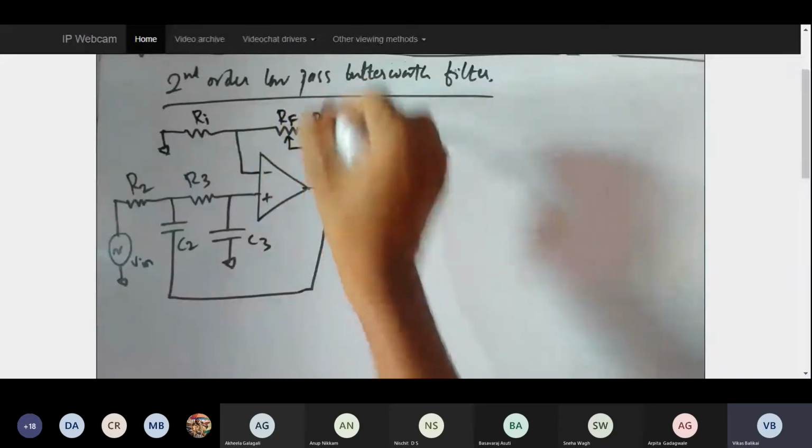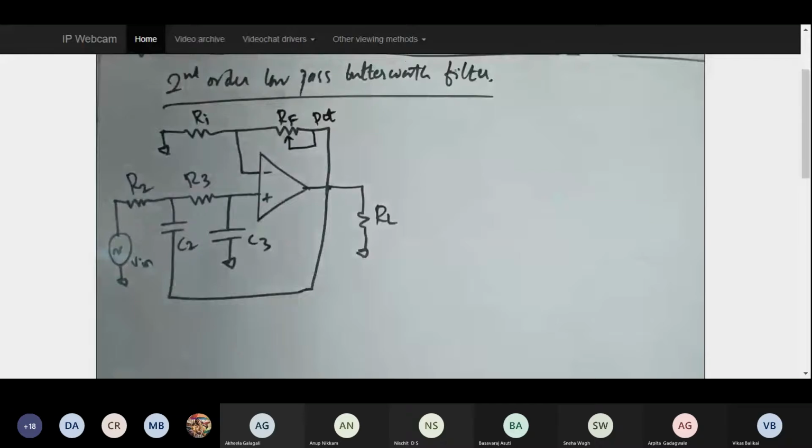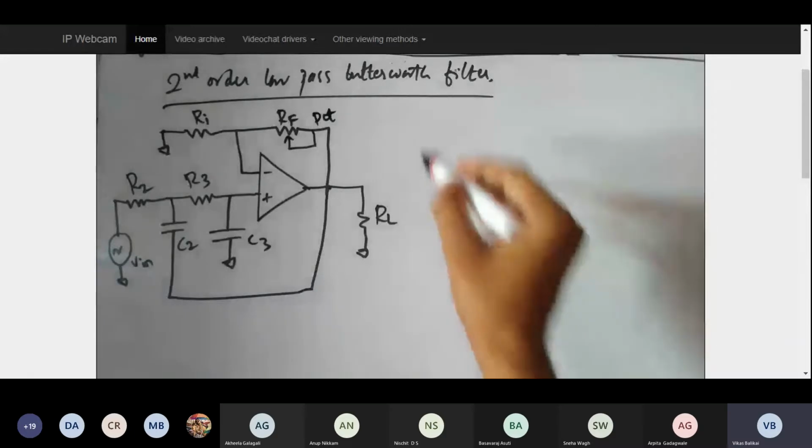So this is how the circuit looks for your second order low pass Butterworth filter, and the graph is also going to remain the same.